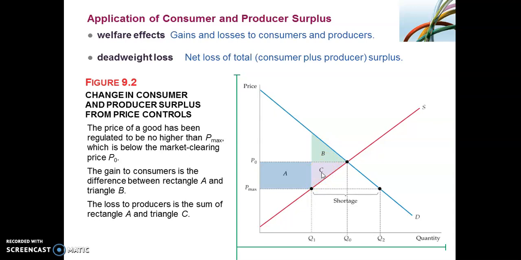Now, you are going to be expected to calculate these areas. You may be required to determine what the old consumer surplus was and the new consumer surplus, and hence determine the change. The same would apply to producer surplus, to determine the change in producer surplus, and then what is the net effect on total surplus and what would be the deadweight loss.